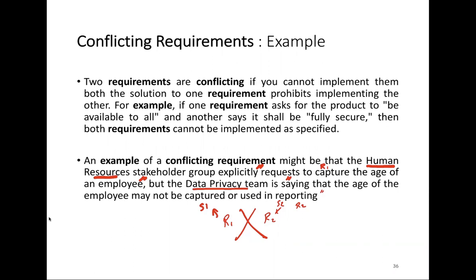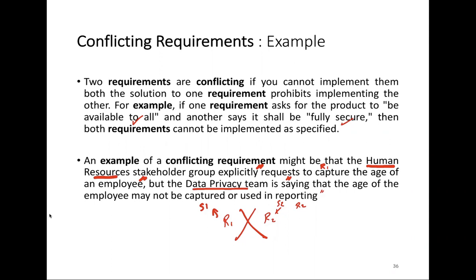Another example: if you would like your product to be available to all customers, and another requirement says it's fully secure, so it's not available for everybody, then these requirements cannot be implemented as specified. It's hard to satisfy both requirements at the same time. So that means there is a conflict, and as I said, it is a conflict that should be addressed first and then resolved next.